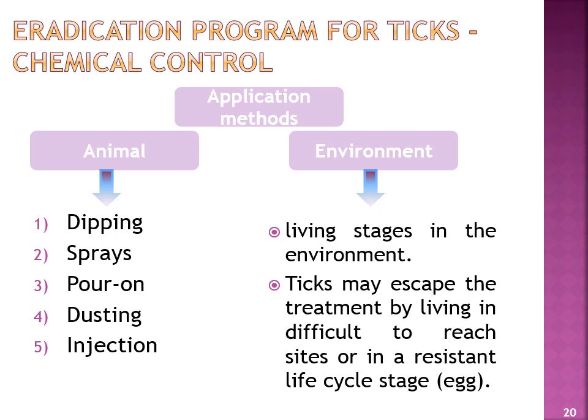The application methods for chemical control include, in the environment, targeting the larva or egg of the ticks, while on the animal it includes dipping, spraying, pour-on, dusting, and injection.